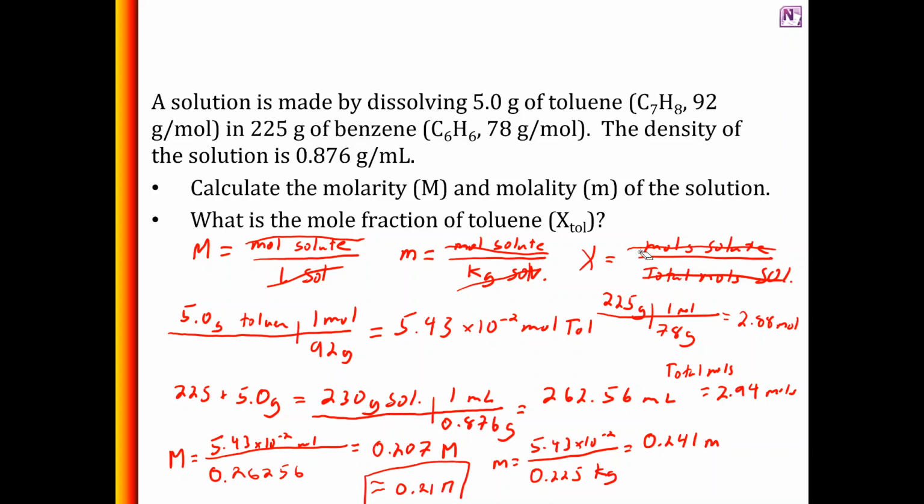And then lastly, I'm going to erase this top section just because there's nowhere else to write. And remember, our mole fraction is our moles of solute, so 5.43 times 10 to the minus 2 moles over our total moles, which is 2.94. I'm going to write this sideways, I'm sorry for that.